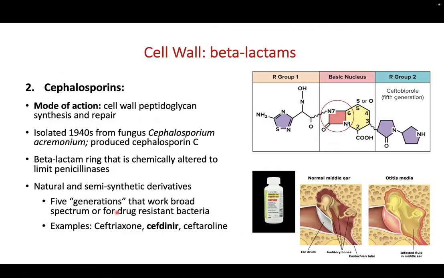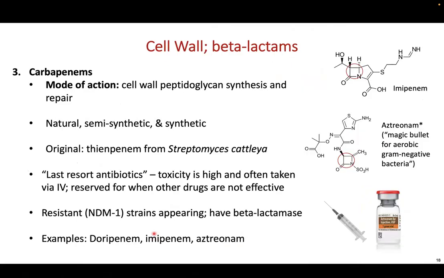Penicillinase is the enzyme that targets penicillin, and this makes it possible for the drug to work. So we have some natural and semi-synthetic derivatives, and some examples are ceftriaxone and then cefdinir, and it keeps going on and on.